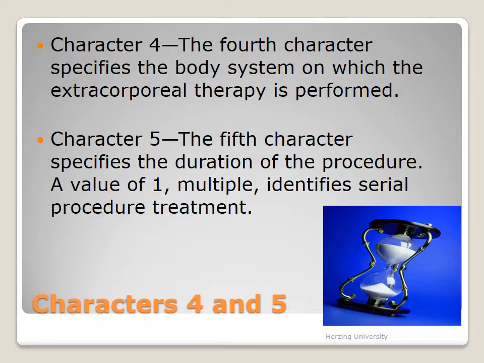The fourth character values in the extracorporeal therapy section identifies the body system in which the therapy is performed. You have skin, which has a value of 0, urinary, which has a value of 1, central nervous, which has a value of 2, musculoskeletal, which has a value of 3, circulatory, which has a value of 5, and none that has a value of Z. Reference tables 6A0 through 6A9 in the ICD-10 PCS manual to determine the values relevant to each situation.